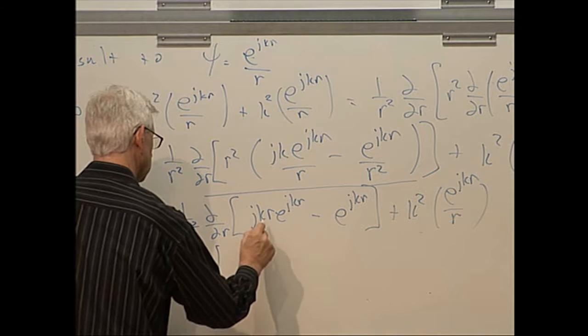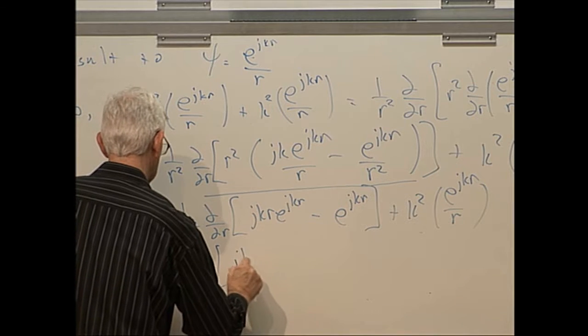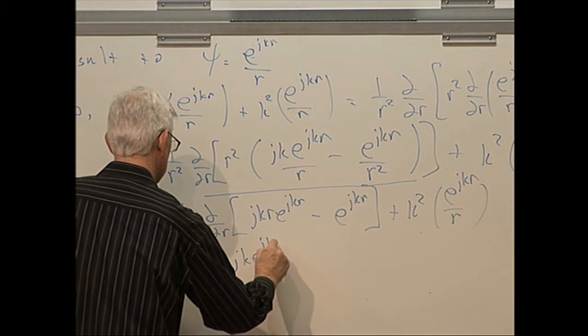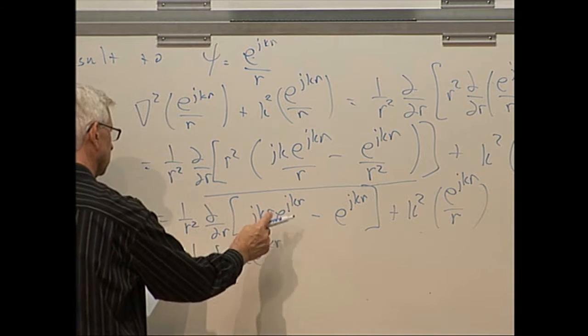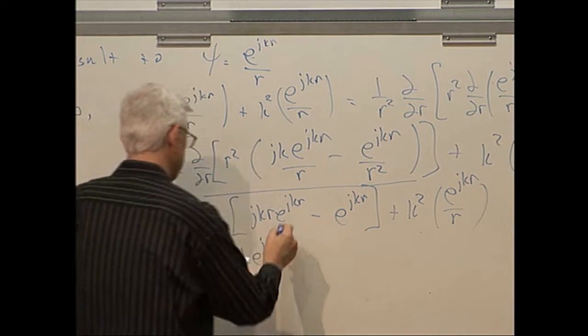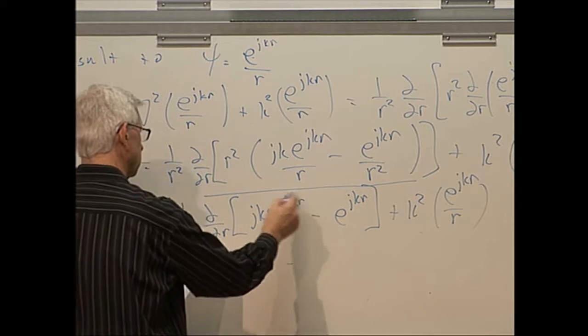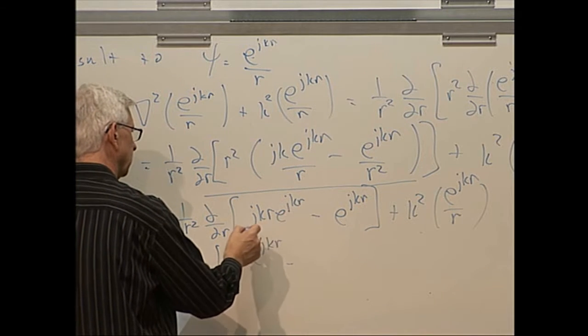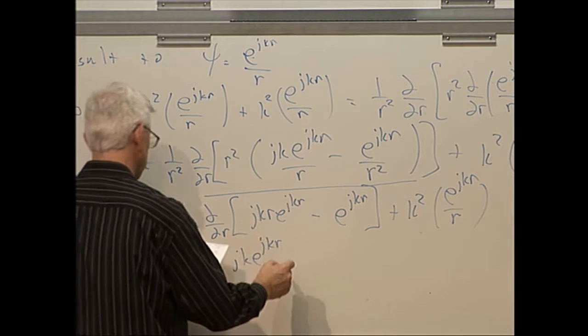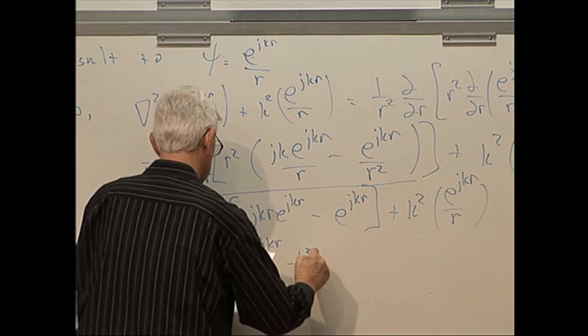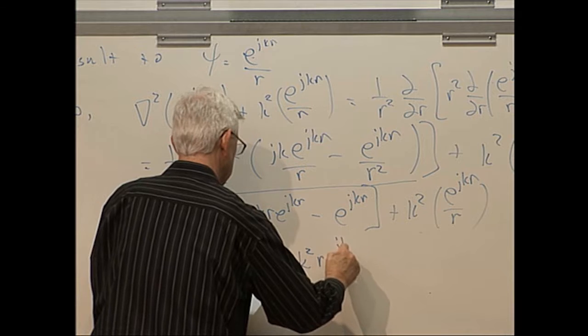And then this first guy would be jk e to the jkr, that's partial with respect to r, and then multiplied by e to the jkr. And now we take the partial of the exponential. We bring down the jkr, and j times j is minus 1, so we get a minus out in front: k squared r e to the jkr.